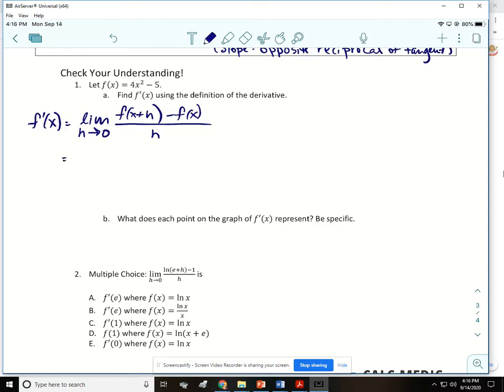Okay, so we have quite a bit of work to do. We're going to take x plus h and we're going to put it in for x. So we're going to square it and subtract 5 from it. And then from that, we're going to subtract the original function and divide by h.